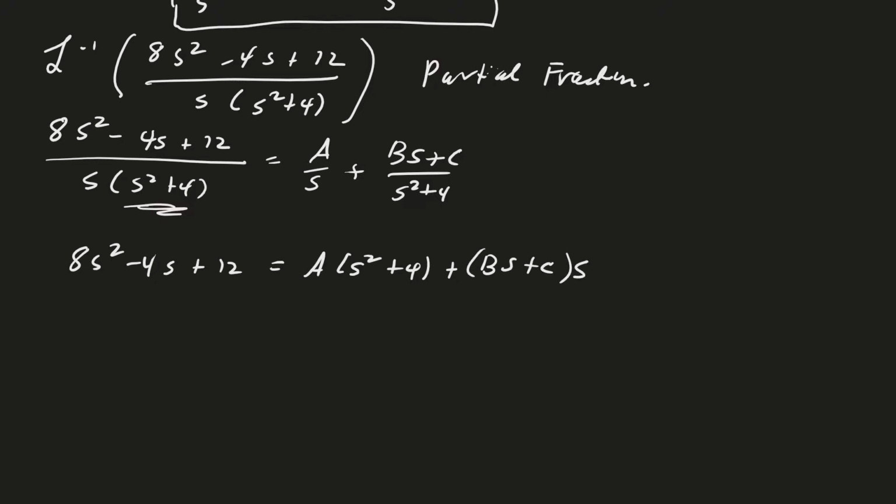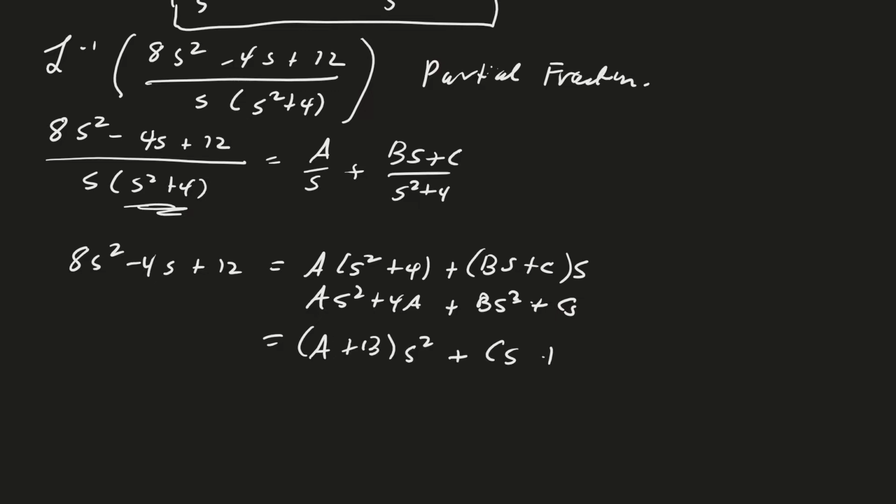And at this stage, we want to equate coefficients. So this is as squared plus 4a plus bs squared plus cs. So that's equal to a plus b times s squared, plus cs plus 4a. Okay, and this leads us to 3 equations.